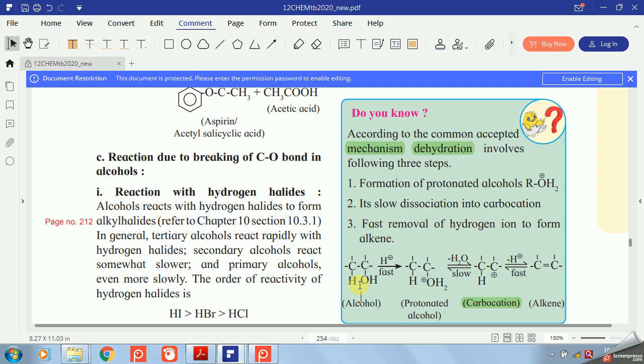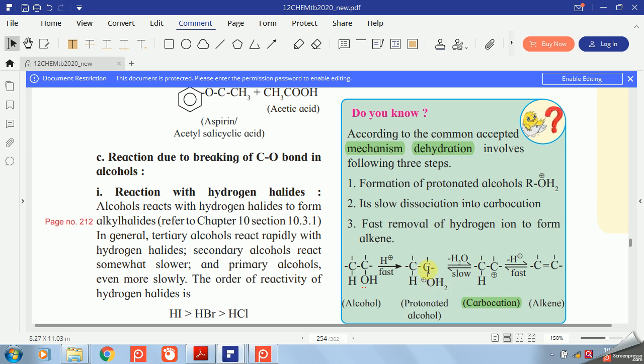In alcohol there are 2 lone pairs of electrons over this oxygen, and out of those 2 lone pairs, 1 lone pair is used to form a bond with this H plus, because H plus does not contain electrons. So the lone pair is used, that's why a positive charge is created, and we get OH2 plus.